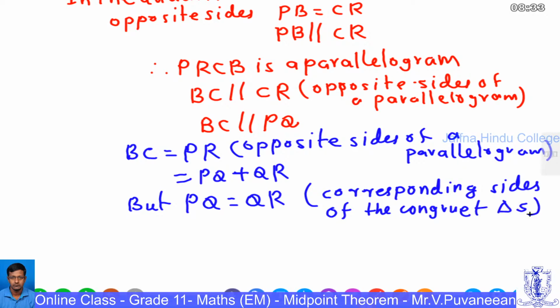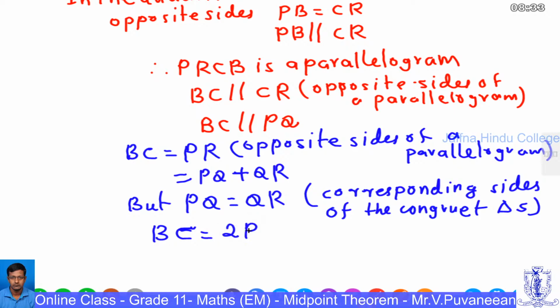So PQ equal QR. We can write BC equal PQ plus QR, so PQ equal QR, so we can write 2PQ.